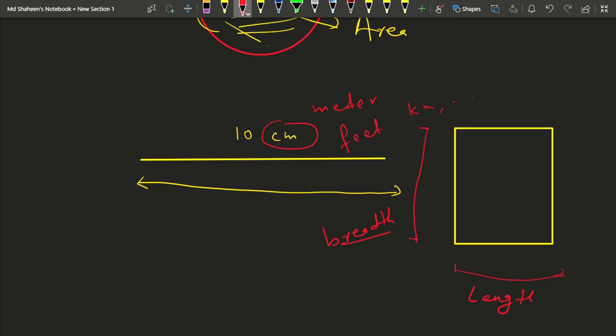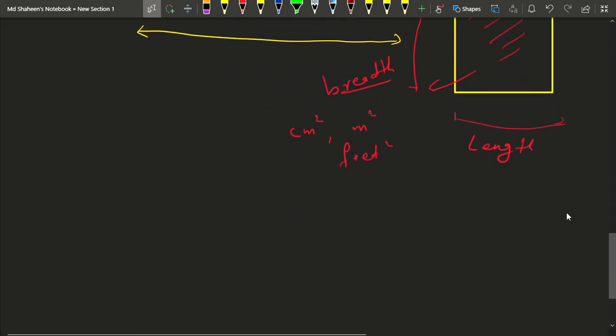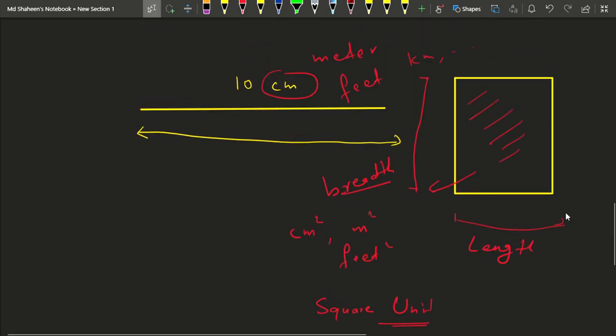But area is measured in meter square, centimeter square, anything, which means the area will be measured in square units. So anything in square unit is a measurement of area, and if only unit, it means measurement of length. Okay, let's move on to the next one.